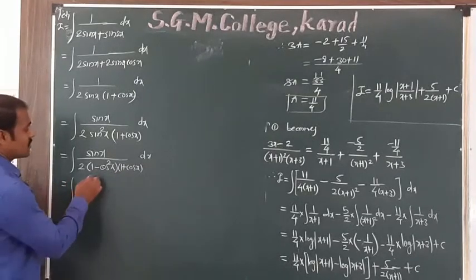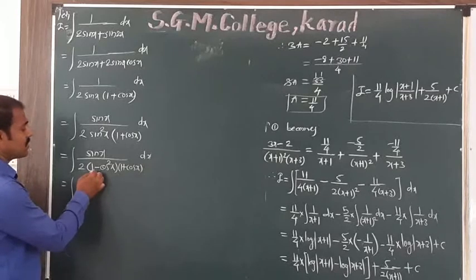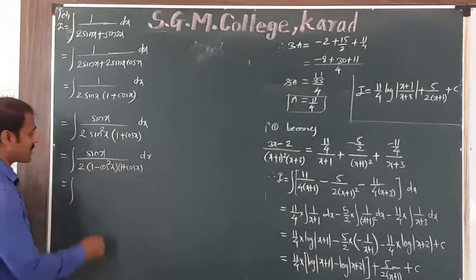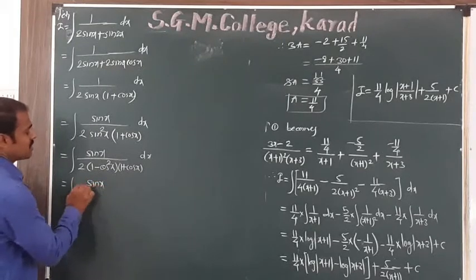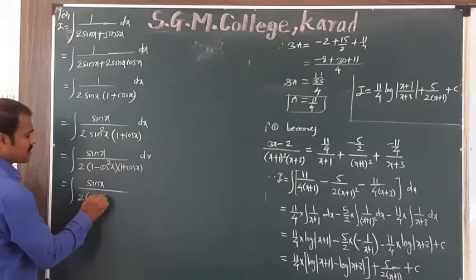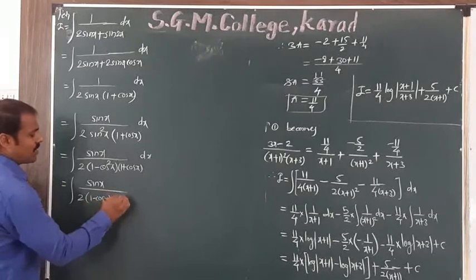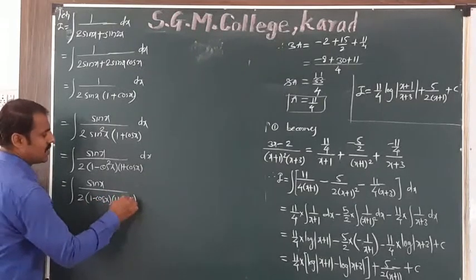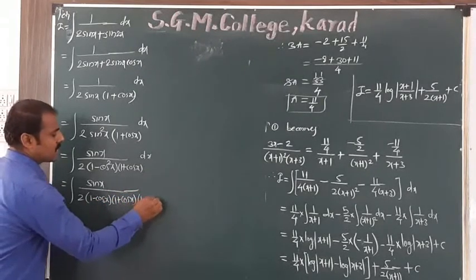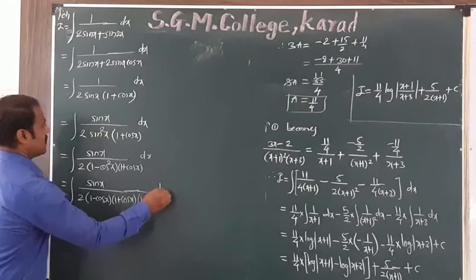Now use the formula a square minus b square. 1 minus cos square x can be written as 1 square minus cos square x, and factors of this are 1 minus cos x into 1 plus cos x, into 1 plus cos x is here dx.